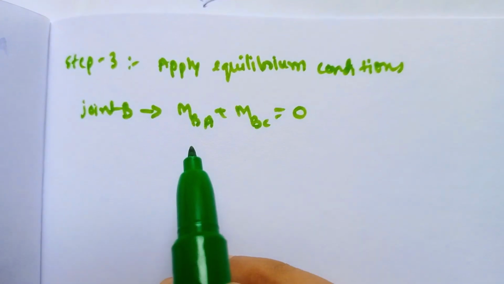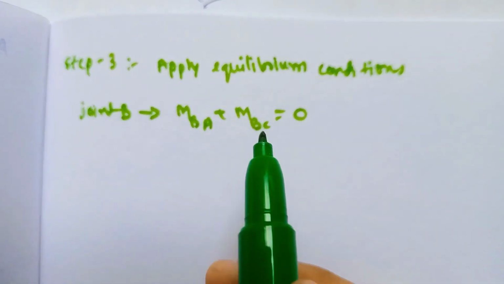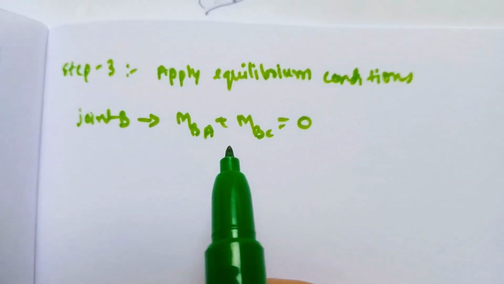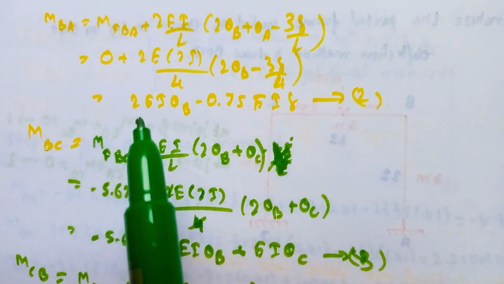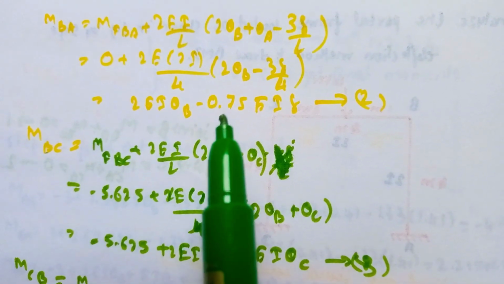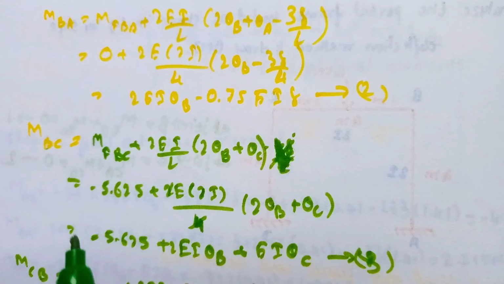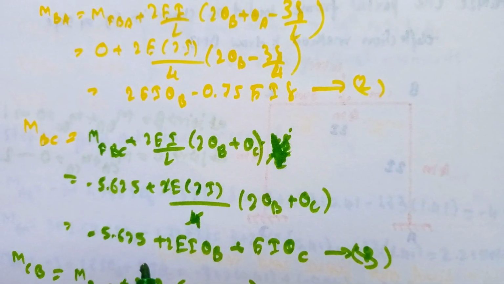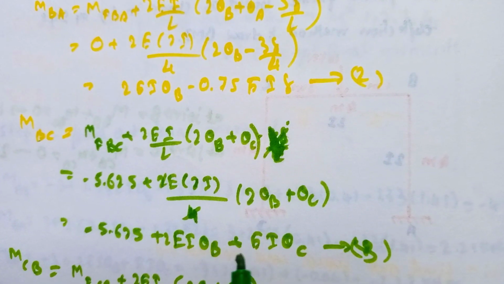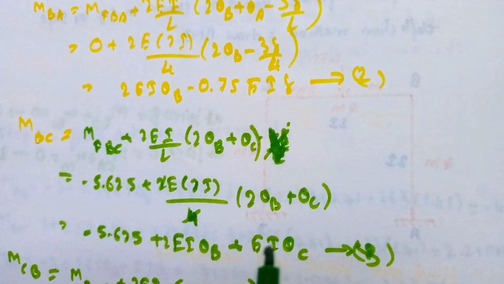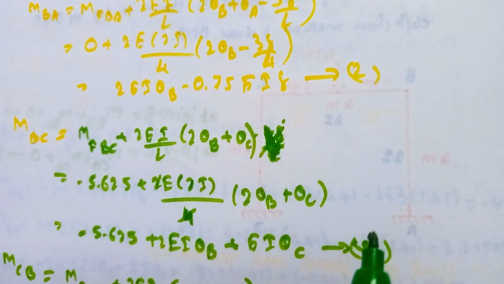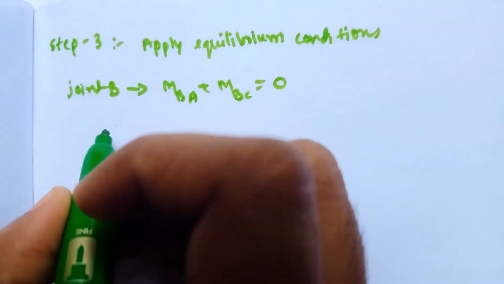So at joint B we have the formula MBA plus MBC is equal to 0. Now substitute values. MBA value we got is 2 EI theta B minus 0.75 EI delta, and MBC we got was minus 5.625 plus 2 EI theta B plus EI theta C.